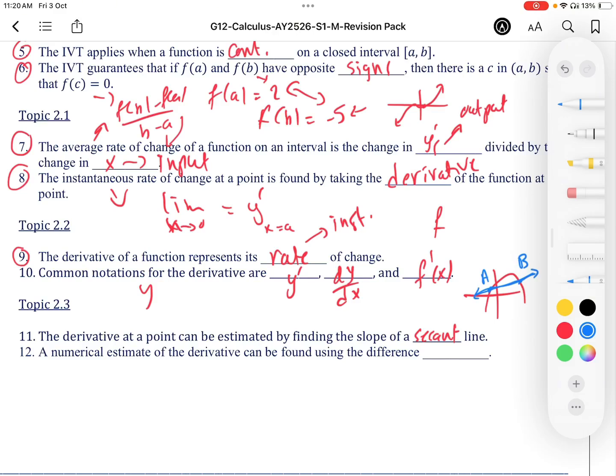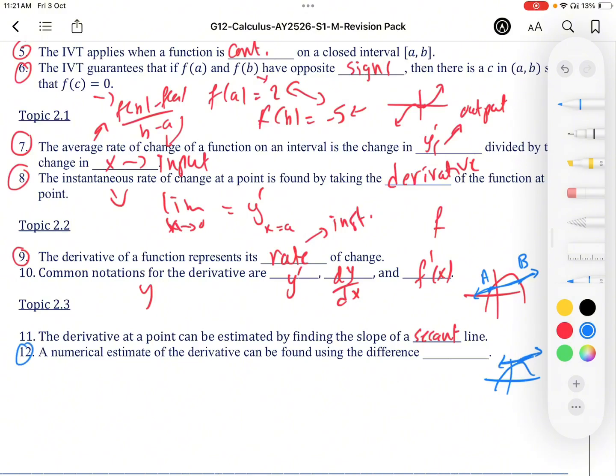The line crossing any 2 points is called the secant, while the instantaneous rate is the slope of the tangent line.